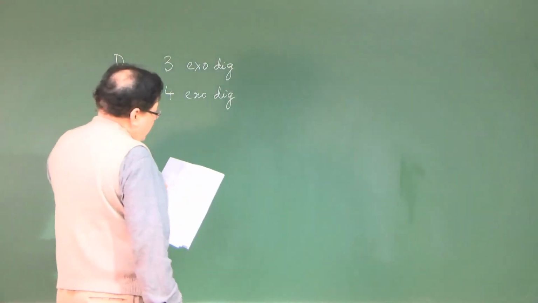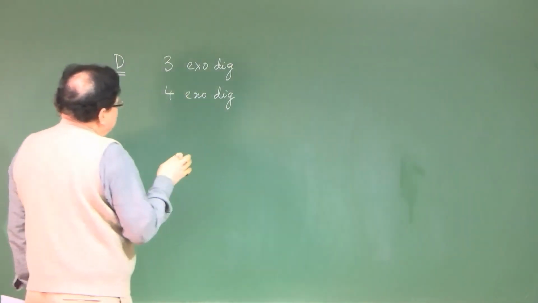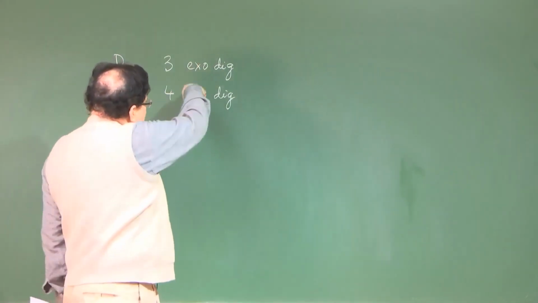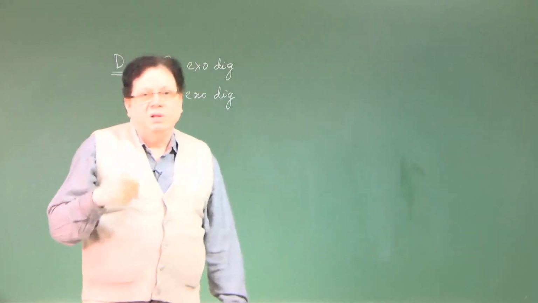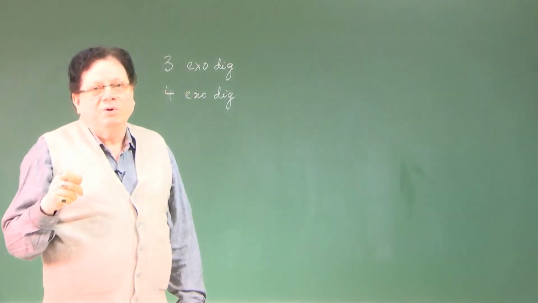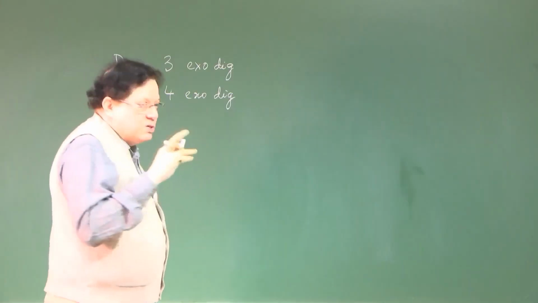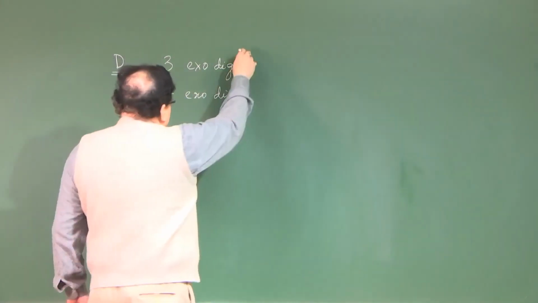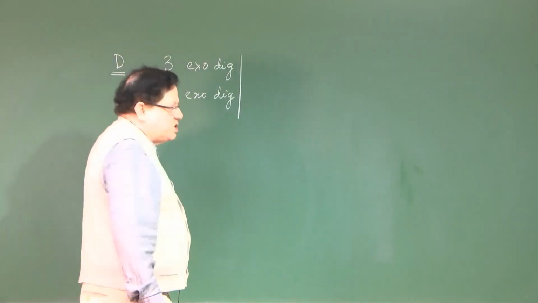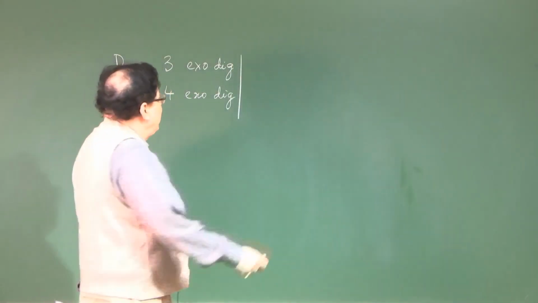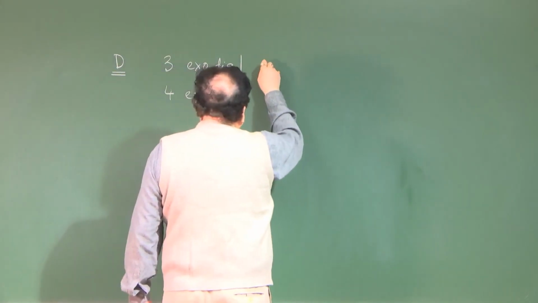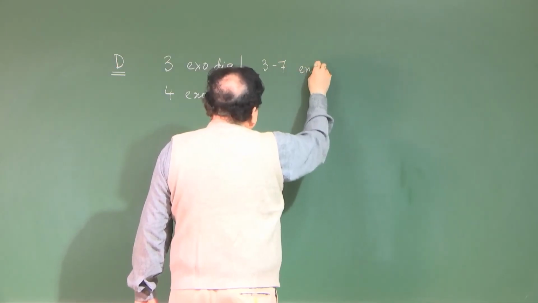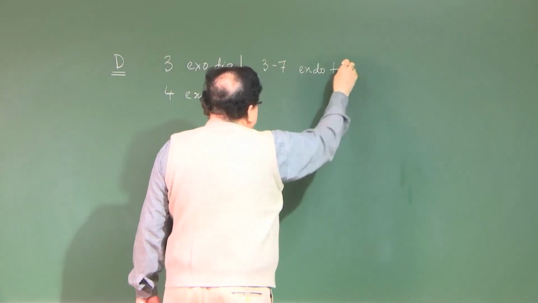The endo ones are favorable, like 3 endo dig or 4 endo dig. And that is why I am saying just concentrate on one, that is what is disfavored. So, that is one type, involving cyclization at an sp hybridized carbon, and the other one is 3 to 7 endo tet cyclizations.